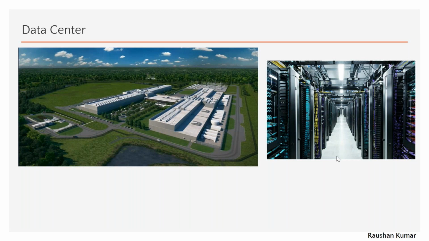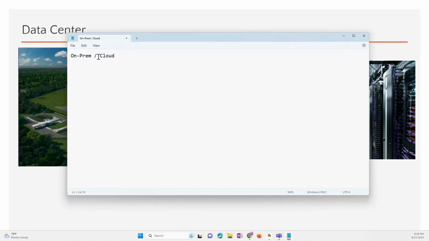Who owns it? That's the only difference. On-prem, you own it, or the company where you work owns it. Cloud means somebody else owns it, and you are leveraging the servers and the storage and deploying your application. That's the cloud part.